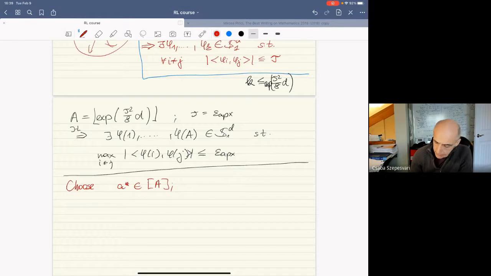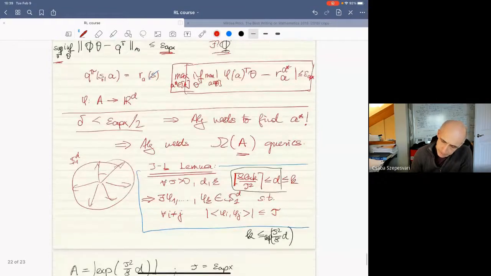And we're going to choose the theta based on this A star, to be equal to epsilon approx divided by 2 times the feature vector of A star.